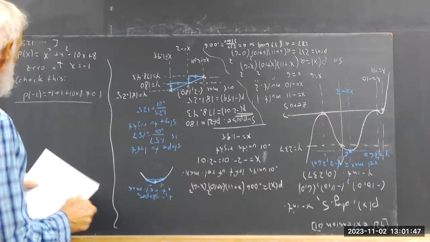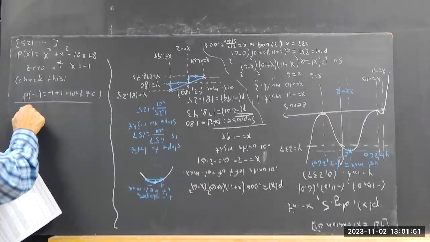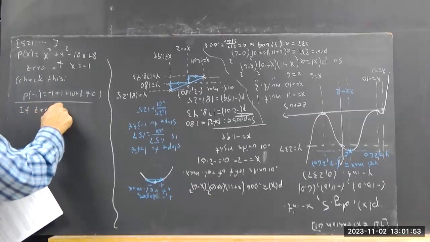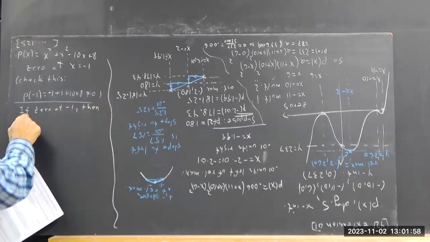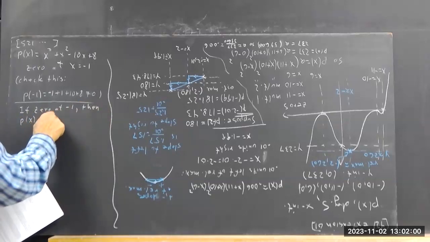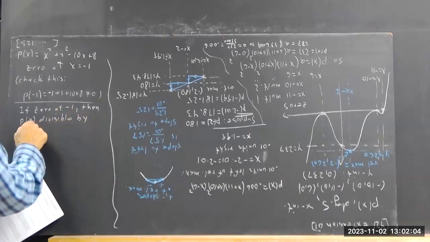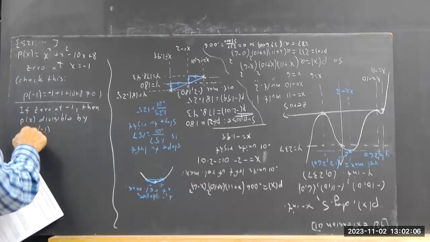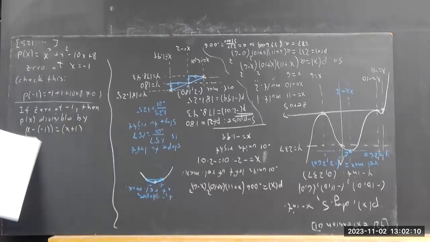Okay, well, what do you do if that happens? Then P of X should be divisible by X plus 1.